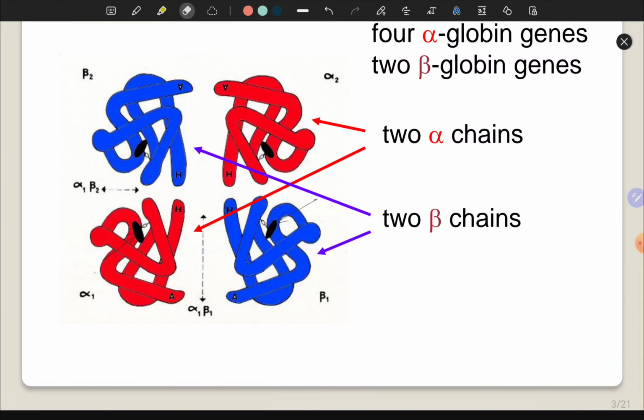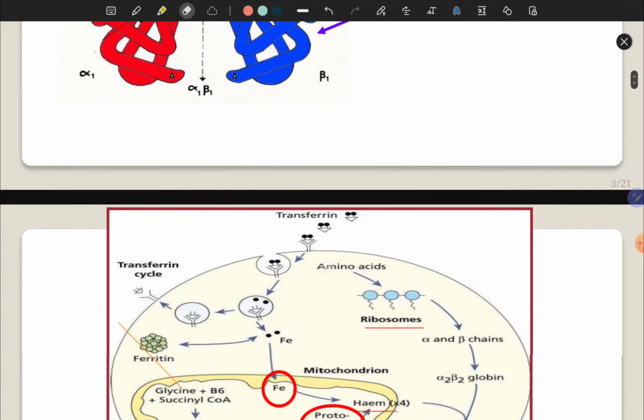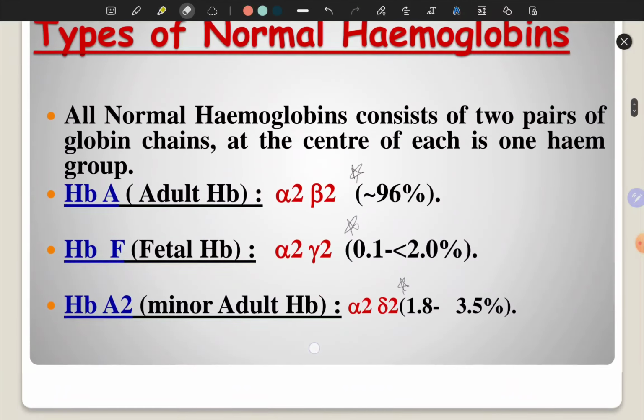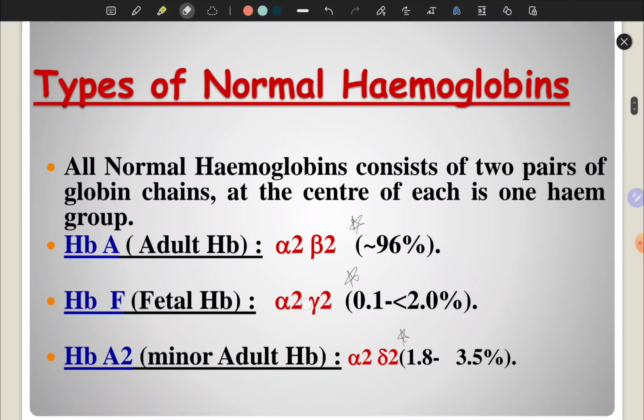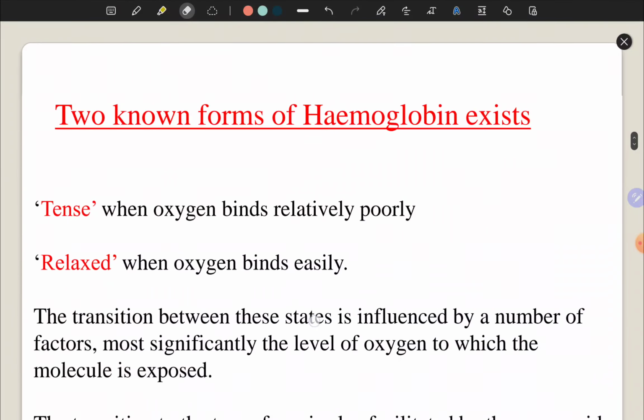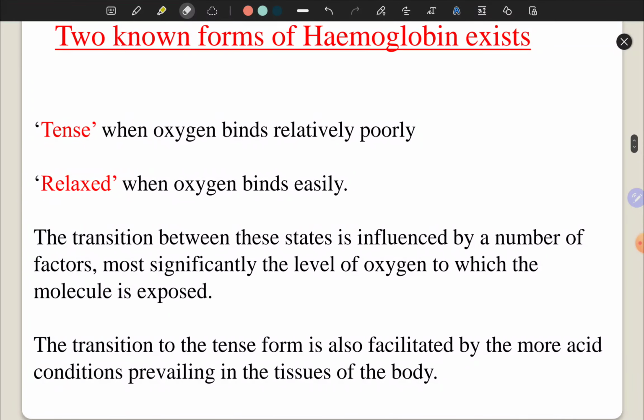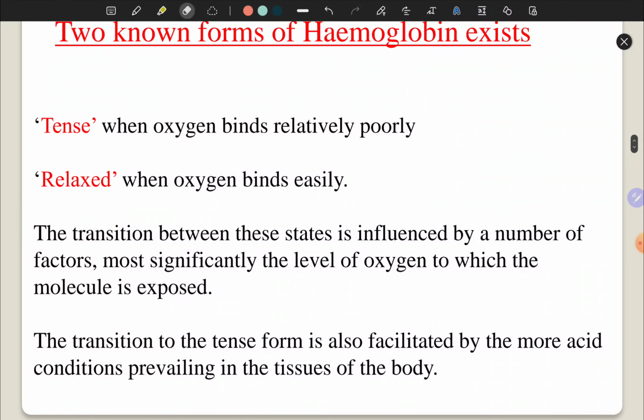This is pathophysiology, and you can read more. So what is the tense form? It means the oxygen binds relatively poorly. The relaxed form binds easily. Why? I told you at the start that if an oxygen atom binds, the affinity to bind more will increase. So there will be easier binding of oxygen.